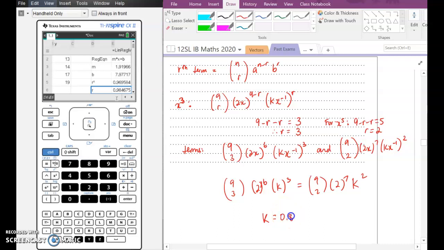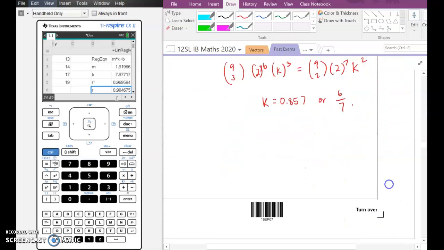Your calculator gives it to 0.857, which is okay. Or you could give 6 over 7. So it was all about understanding this part, taking this and turning it into that from your formula sheet.